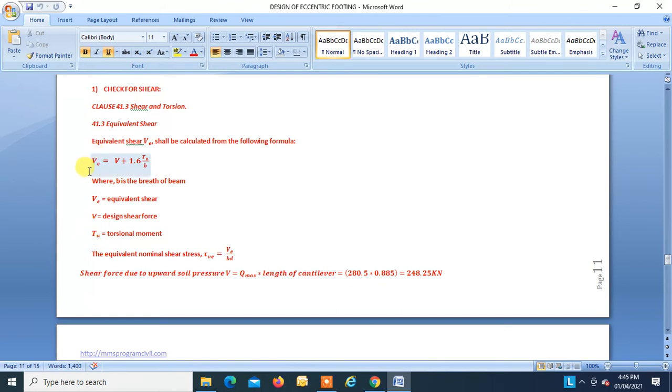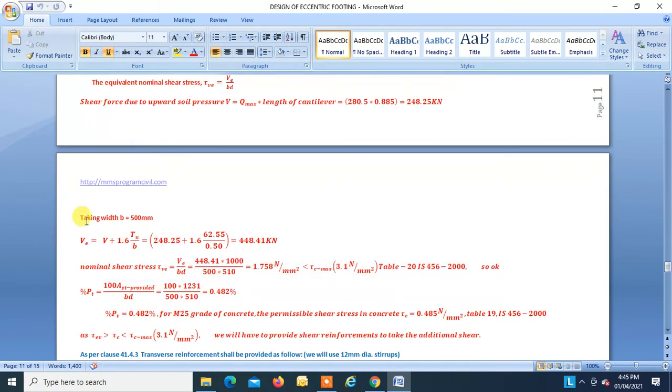Once you find the Ve, that is equivalent shear, we have to find the equivalent nominal shear stress, that is tau Ve is equal to Ve divided by bd, right? Fine. We know V is 248.25, and adding 1.6 Tu by b, Ve is found to be 448.41. So nominal shear stress tau Ve is equal to Ve divided by bd.